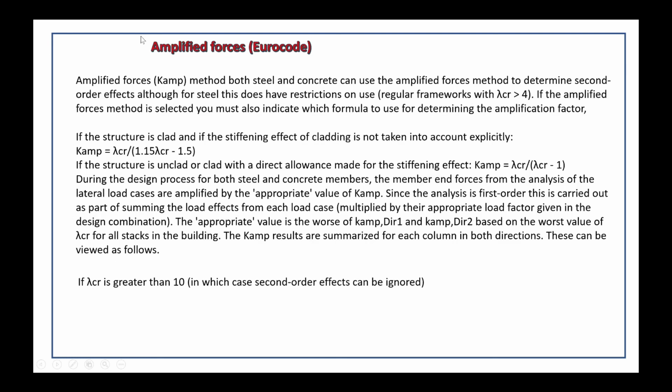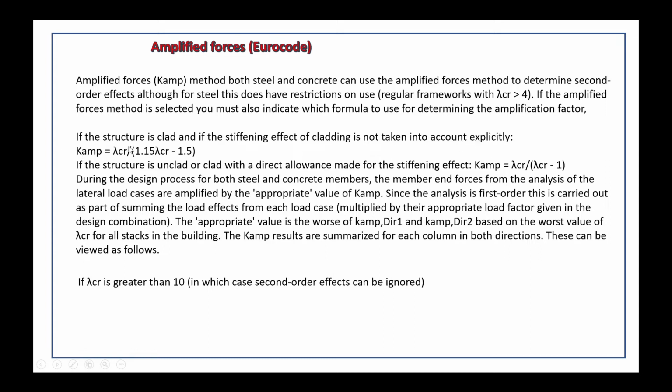Now let's jump into the EUROCODE. In the EUROCODE, we talk about the amplification factor. The formula we use is for the structure where the stiffening effect of the cladding is not taken into account.